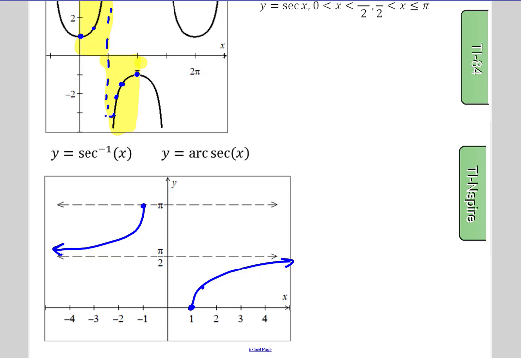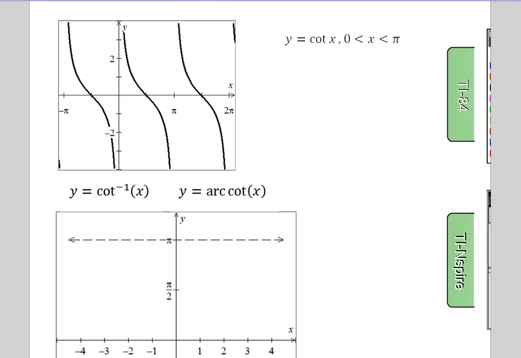And then our last one is going to be cotangent. So the cotangent curve in this one is relatively simple because we're just going to look at the basic parent function. I said tangent, didn't I? I meant cotangent.